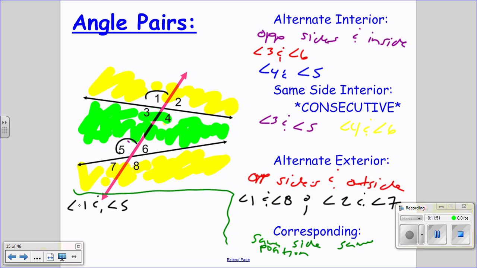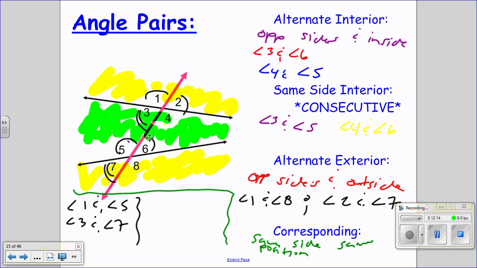Okay? So angle 3 is to the left and below. Angle 7 is also to the left and below. So those two would be corresponding. Angle 2 is to the right and above.